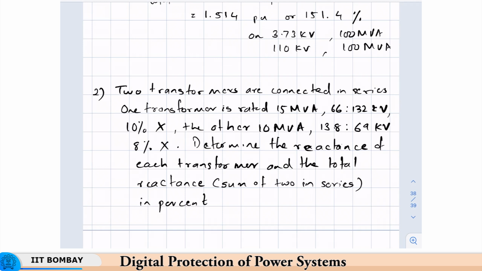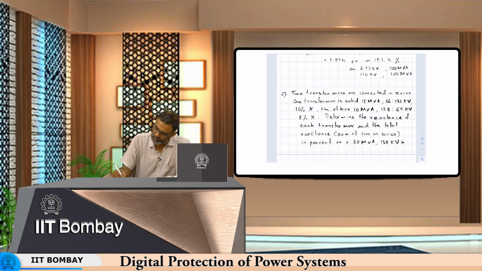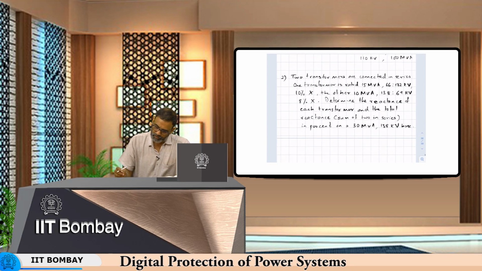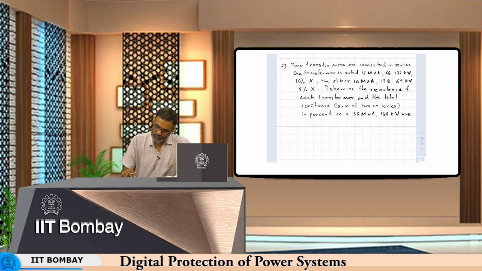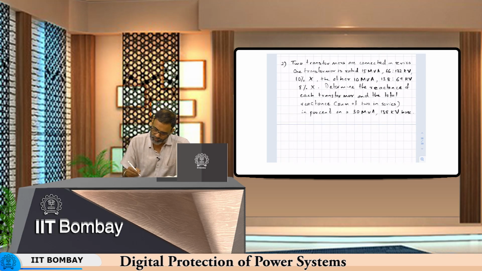Percent or per unit does not matter, you can simply multiply by 100, on a 30 MVA, 138 kV base. Okay. The problem is interesting, and it will also point you to some pitfalls that should be avoided.